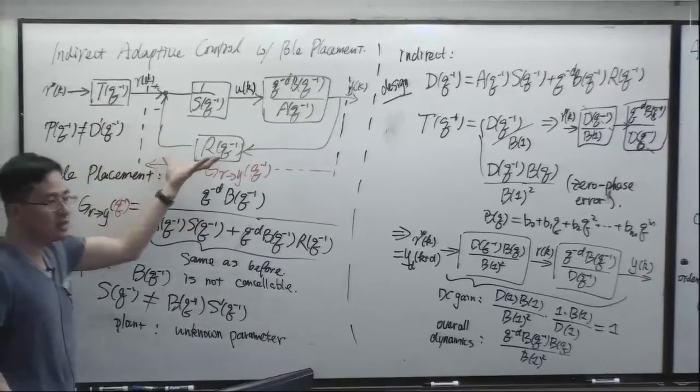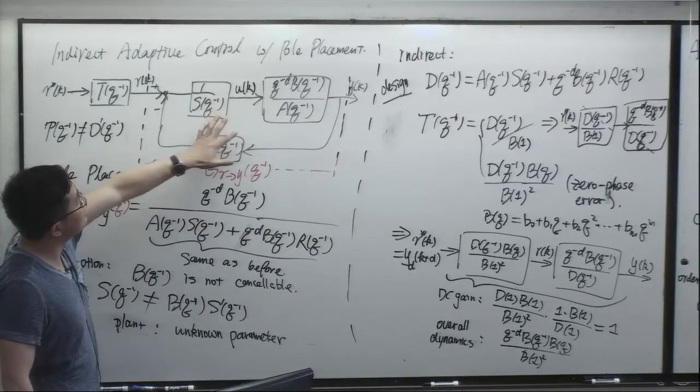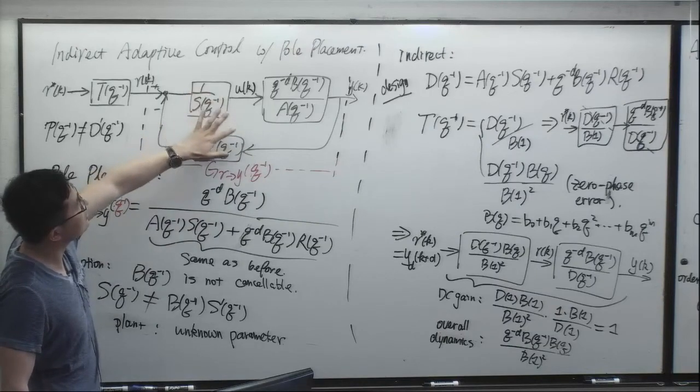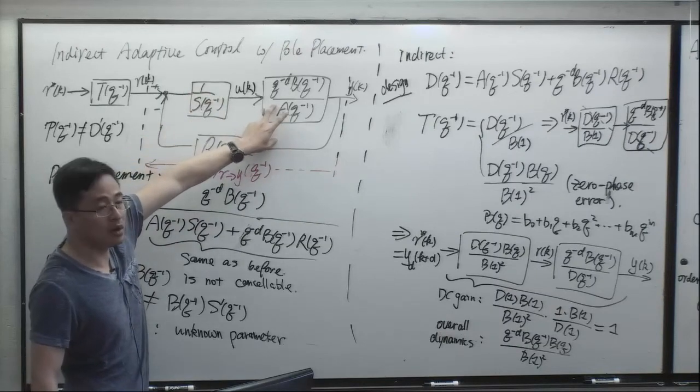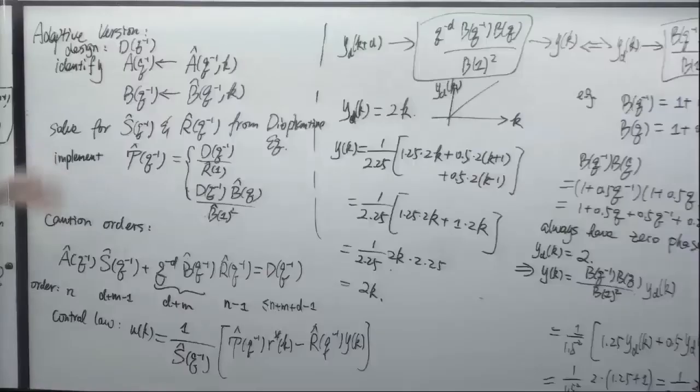Now, the concept is pretty generalizable. Let's say in practice you are using some other type of control structure and you don't know the plant models, then you can do something similar to this recipe.